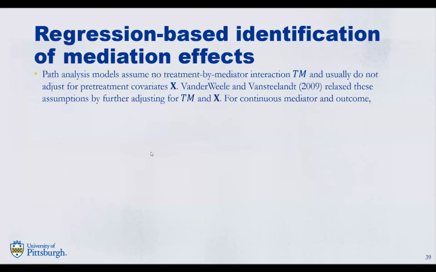And path analysis models, as we introduced earlier, include a mediator model and an outcome model, but they assume no treatment by mediator interaction TM, and usually do not adjust for pre-treatment covariates X. If you go back to the earlier slides on path analysis, you will notice that in the mediator model, we only regress the mediator on the treatment without controlling for X. And in the outcome models, we also didn't control for X, and we also didn't have the treatment by mediator interaction term.